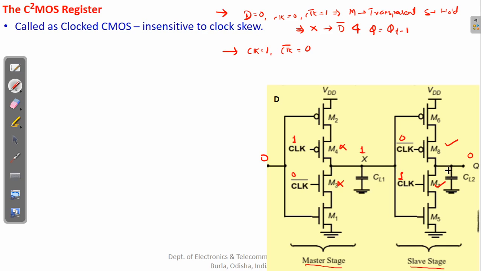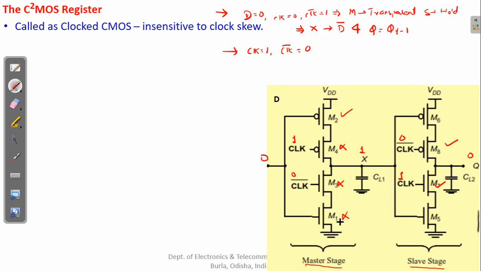Now under this condition, when X is equal to 1, this 0 will make this turn on and this will be turned off, and the node X is hanging. In this condition, the master stage will be in hold mode because these two internal transistors are off. So node X is not connected to either VDD or ground. The path is not available.